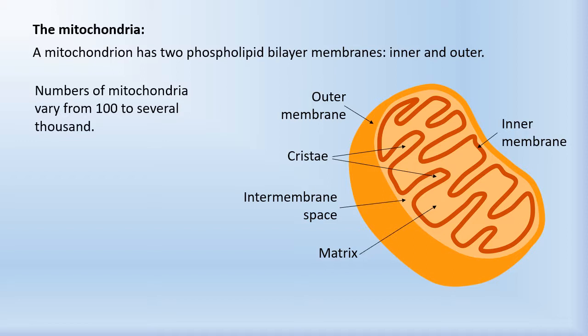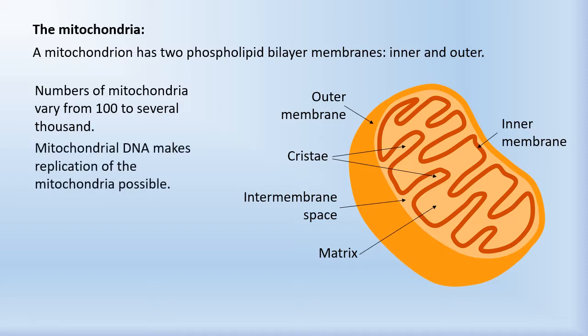Mitochondria can vary in number from 100 to several thousand within each cell. Because they have their own DNA, they can replicate. Remember Eve theory and mitochondrial DNA from our mothers? Having their own DNA means that the mitochondria can replicate when the cell's need for energy increases.